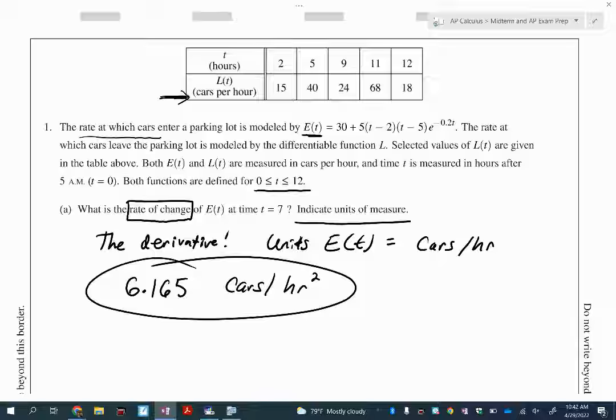Cars per hour per hour. Yeah, I mean, who does that? The moment I read that on the key, I was like, oh man, I love calculus. Why would you do that? Any questions on A? There's a lot of technology there, right? If you type it in wrong or your calculator makes a mistake, you didn't make a mistake, I think. Well, you said the calculator made a mistake, and I'm just not sure how that's true.